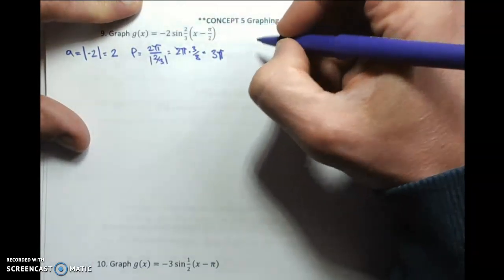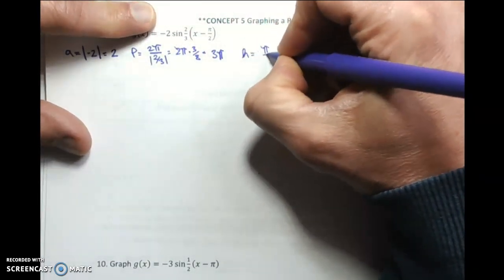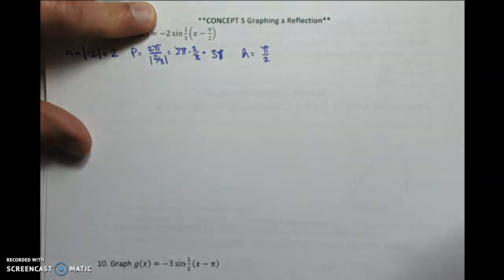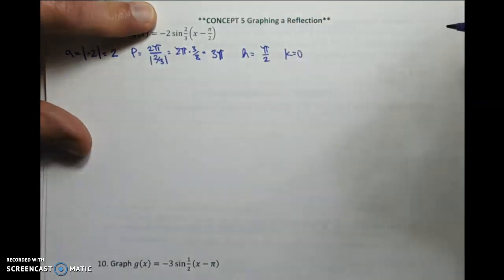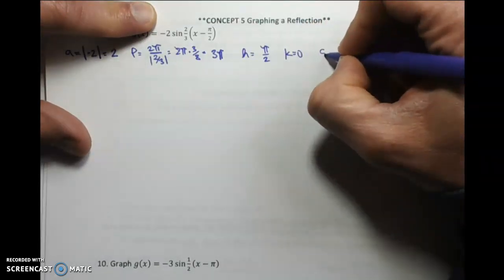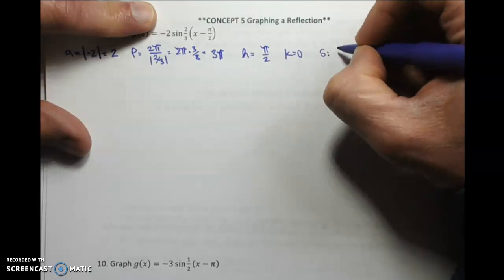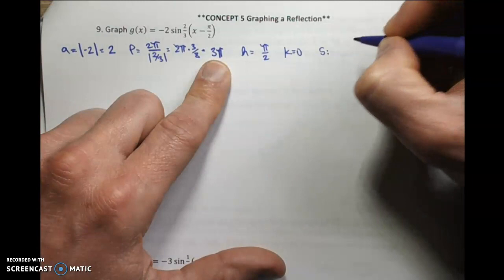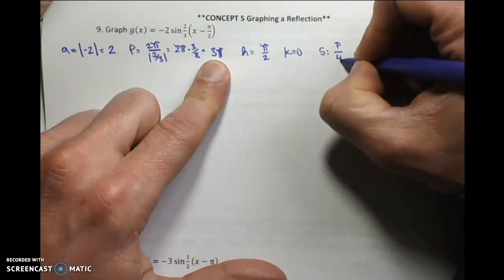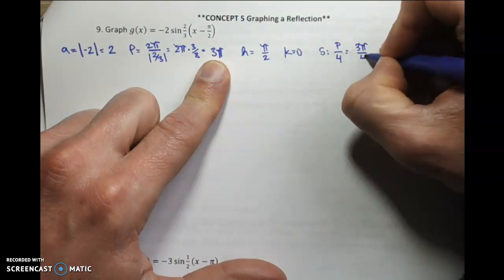Next, I'm going to go with the h. H is pi over 2. Shift pi over 2 units to the right. There is no vertical shift, no worries about that. I'm going to go to my scale, and that is pi over 4, and this is 3 pi over 4.